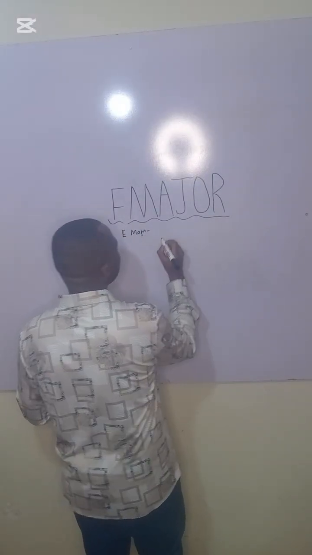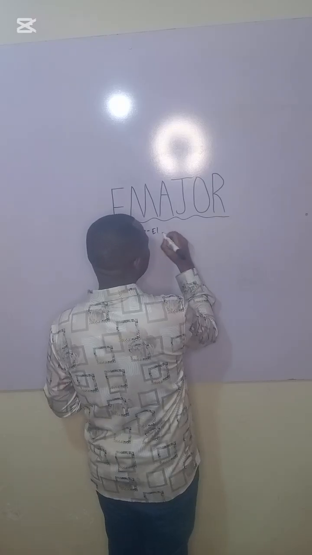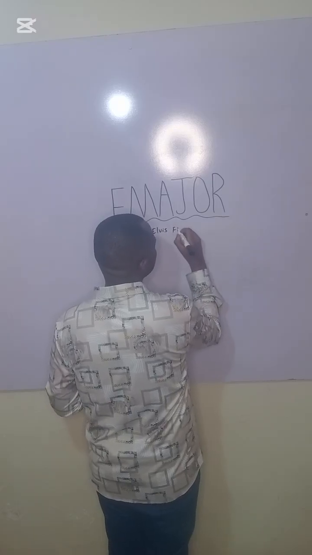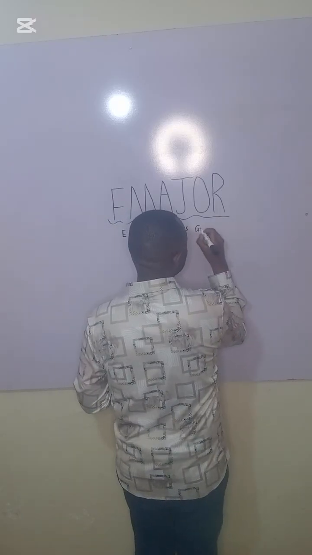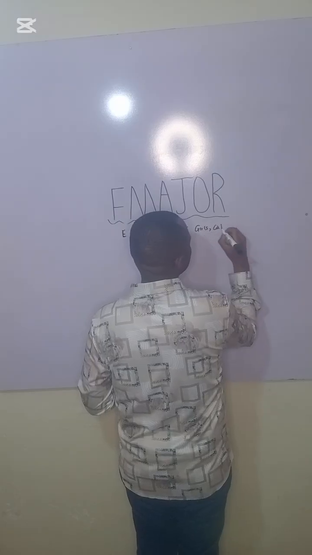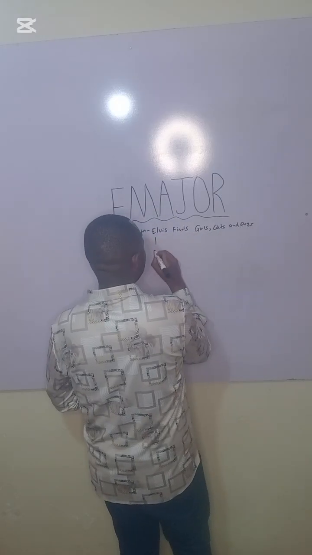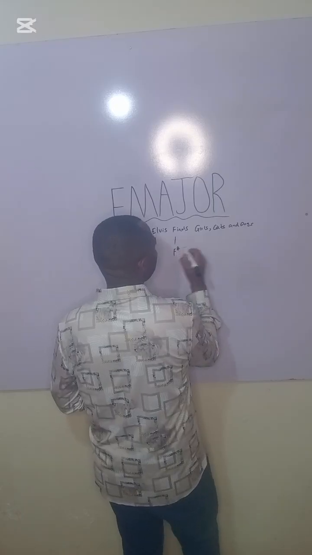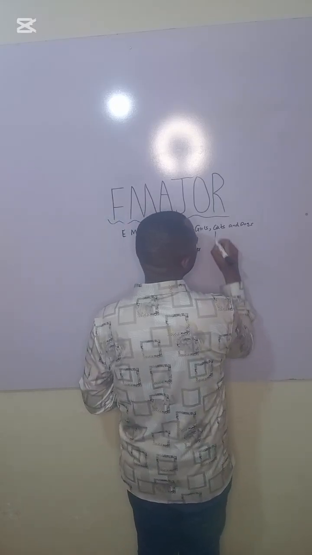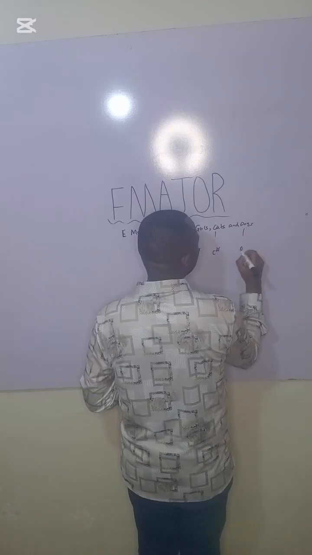Remember I taught you a coin-based saying: Elvis finds girls, cats, and dogs. So Elvis is E, then we have F sharp, then we have G sharp, then we have C sharp, then we have D sharp.